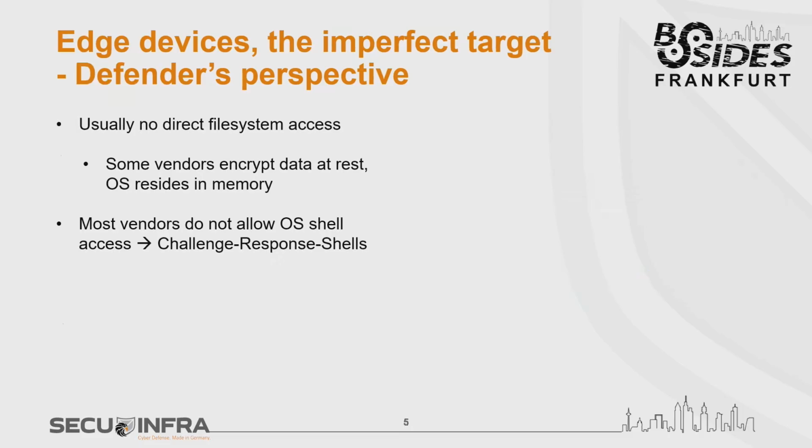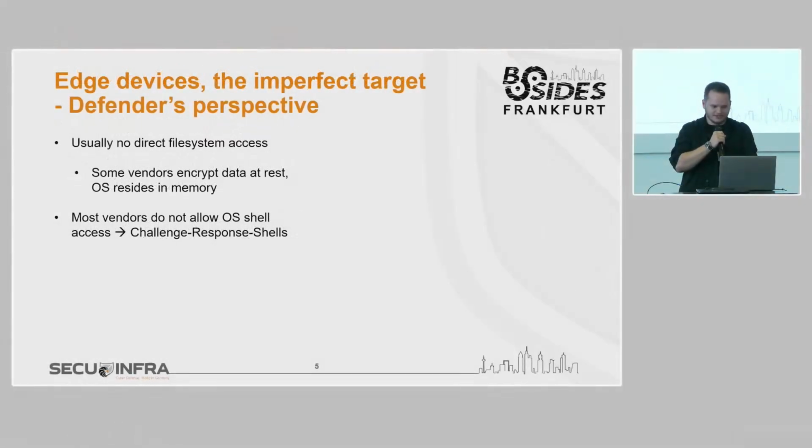From the defender's perspective, it's an imperfect target because we usually don't have file system access. Some vendors even encrypt the data at rest, so disk forensics is not an option most of the time. In that case, normally the OS resides in memory. That's why the artifacts are so volatile. And also, most vendors don't allow direct operating system shell access.